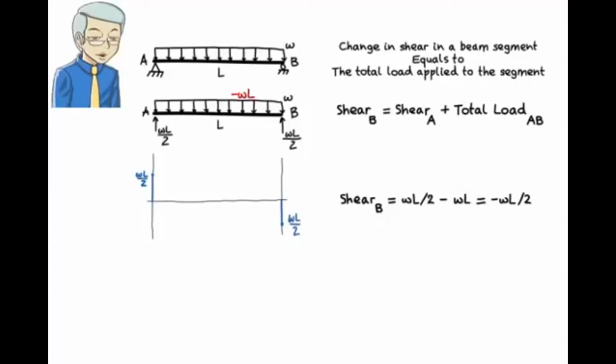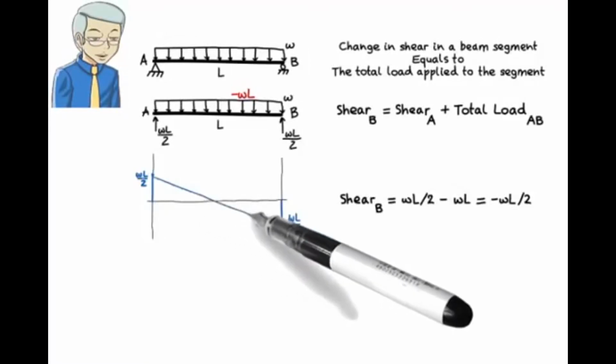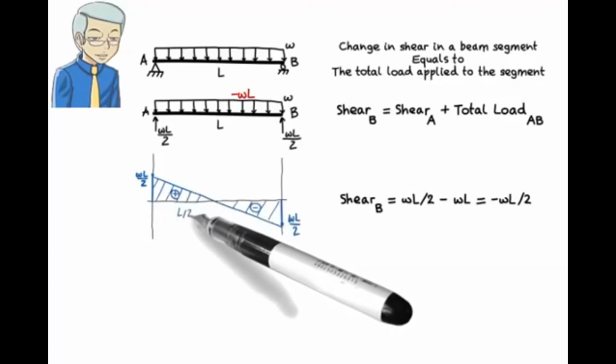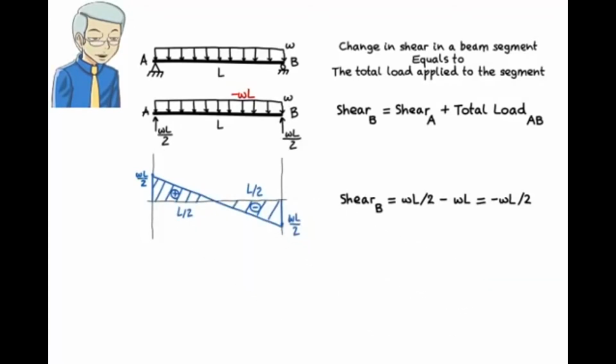Now that we know shear at either end of the segment, we need to draw the curve representing shear within the segment. Since here the load is constant throughout the beam segment, then we draw a straight line connecting the two points. That is, shear is linear in the beam. A beam segment subjected to a uniformly distributed load carries a linearly varying shear.